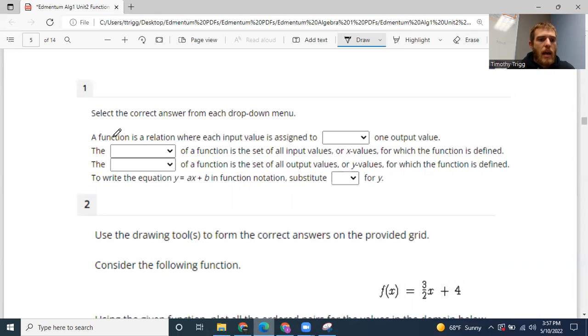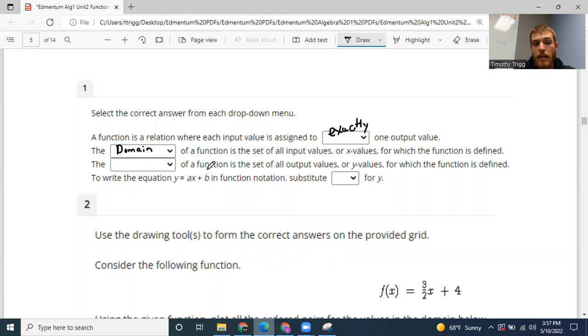Okay. A function is a relation where each input value is assigned to, I think what we're looking for is exactly 1. The blank of a function is a set of all input values, the domain.